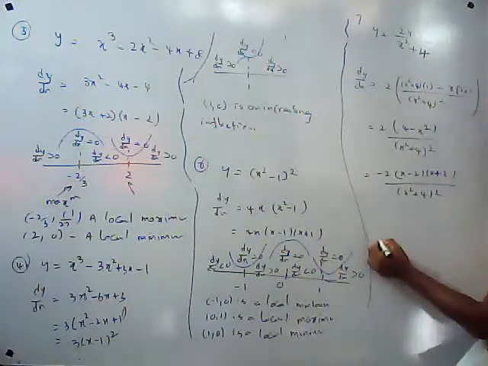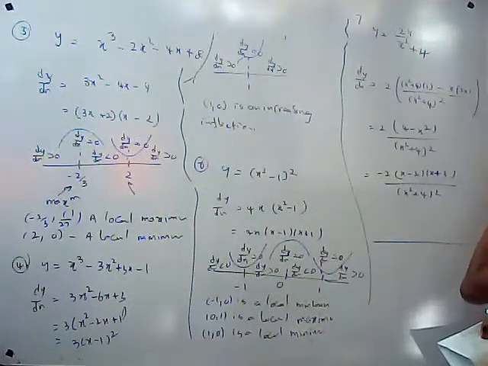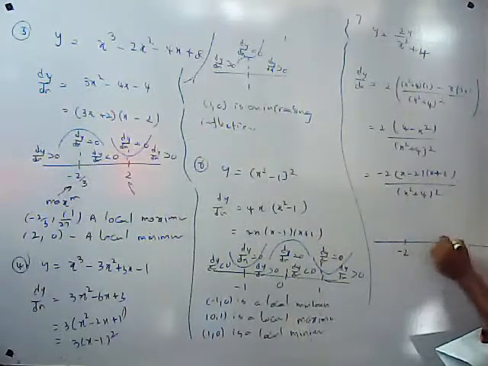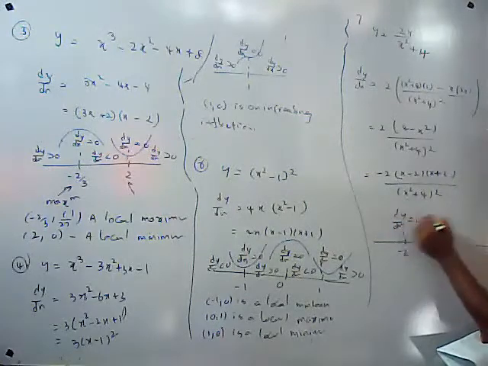Now go to the real number line. You mark minus 2 and plus 2. At these points dy by dx is equal to 0.